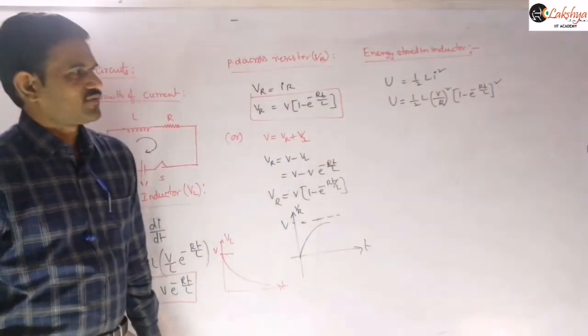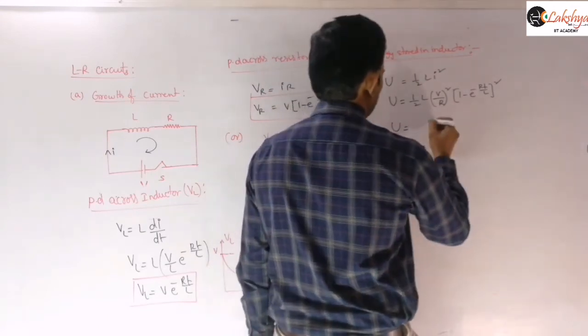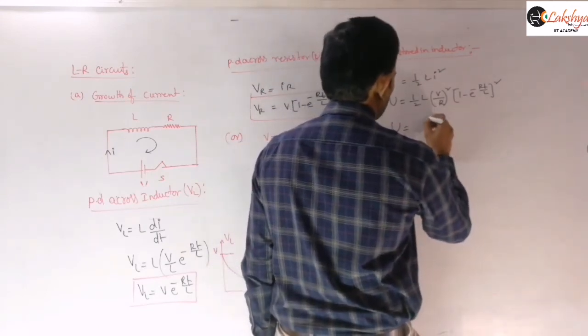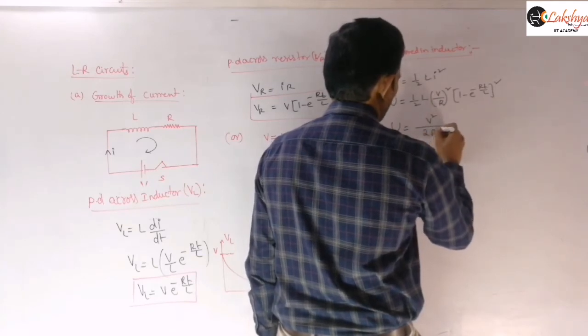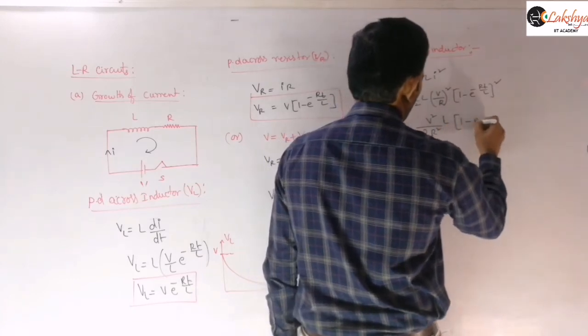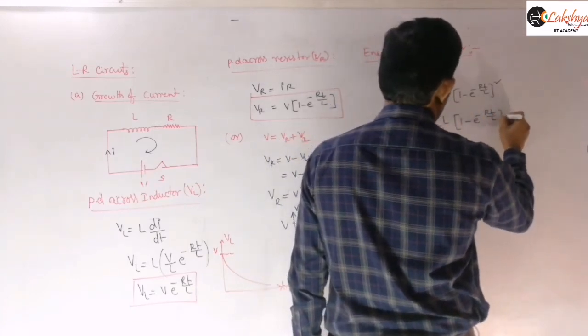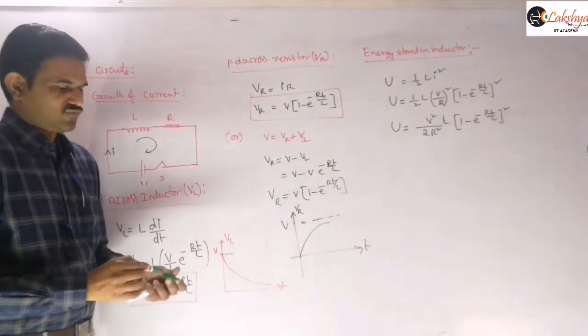So you can write this as V square by 2R square into L into 1 minus e power minus RT by L whole square. That is our magnetic energy at any instant of time.